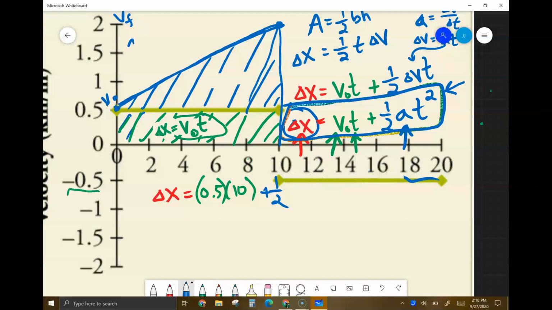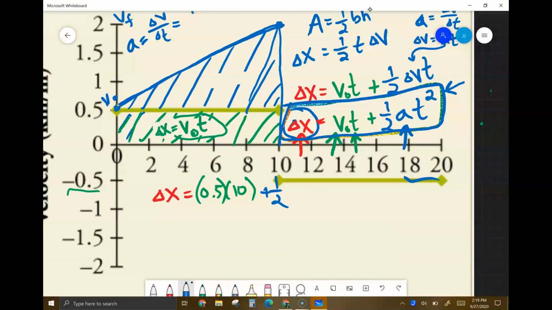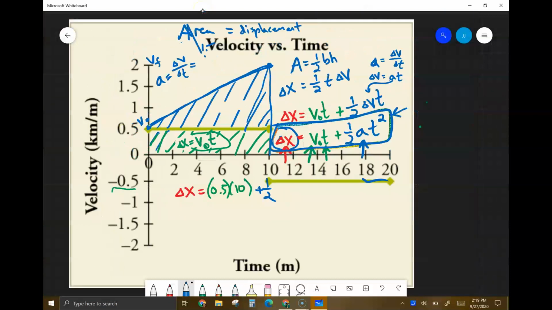Acceleration's delta V over delta T. So I went from 0.5 to 2, so that's an increase of 1.5 over 10 minutes.